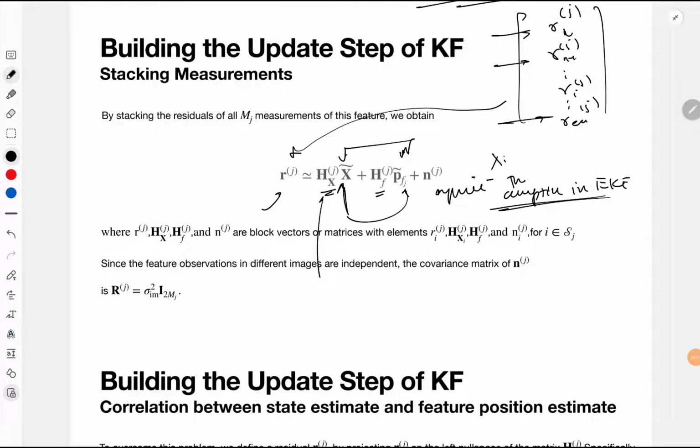In the measurement model, you cannot have correlations between two different terms, and if it is present in the residual model, then it is also present in the measurement model. So you cannot have this.